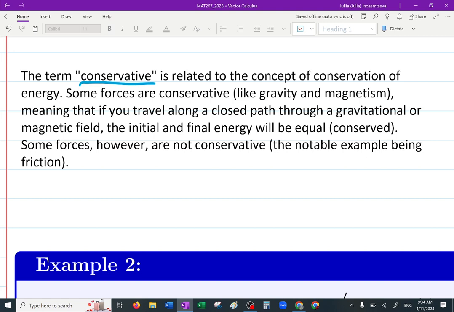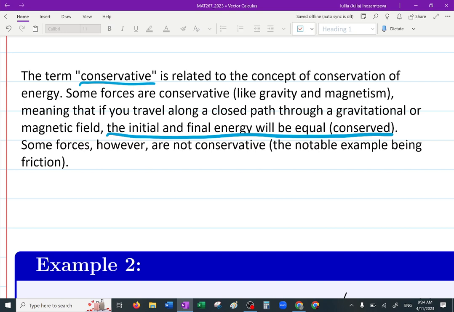We all heard about conservation of energy a little bit, but that's actually the connection here. Some forces are conservative, gravity and magnetism, which means if you travel along a closed path through a gravitational or magnetic field, the initial and final energy will be the same. They're conserved.